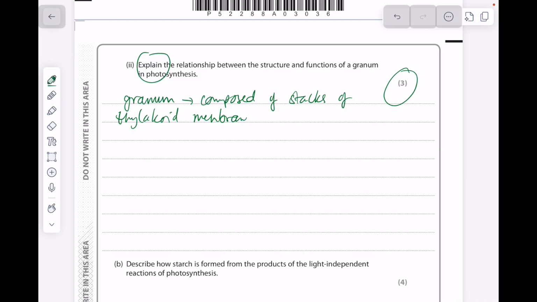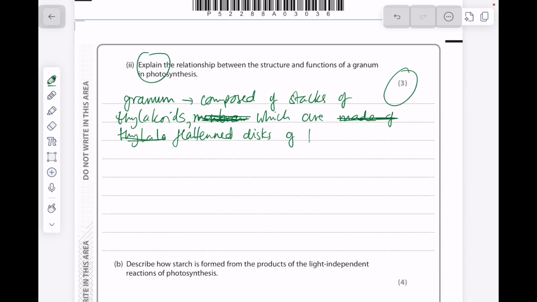Yeah, stacks of thylakoids, which are flattened disks of thylakoid membranes. So explain the relationship between the structure and functions, okay?